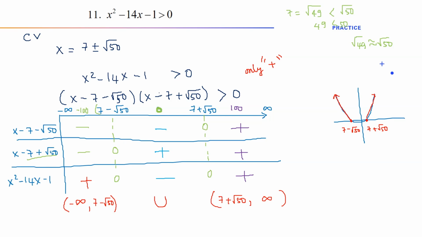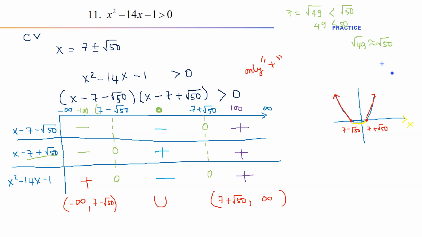And the bottom one will be negative because it's below the x-axis. The x-axis is above, so the y value will be less than 0. So we don't want the 0, so we will open that, right?